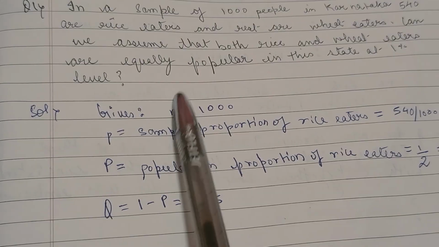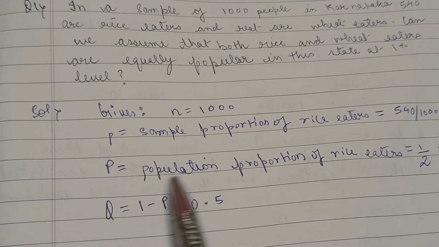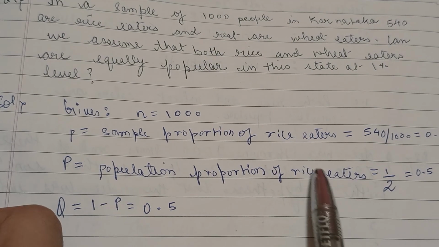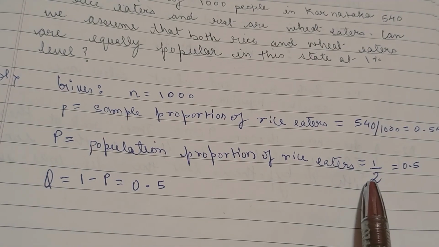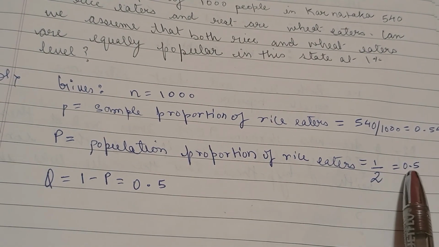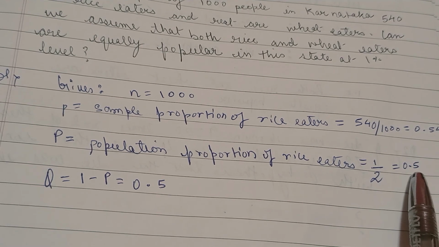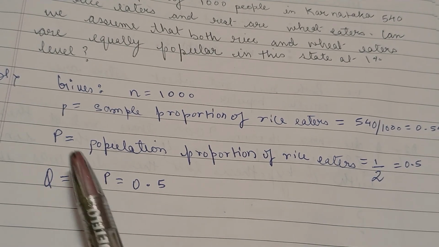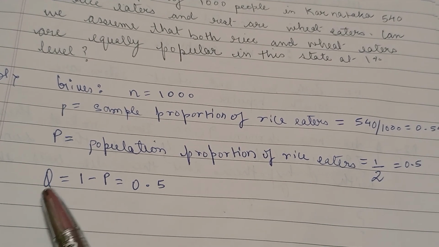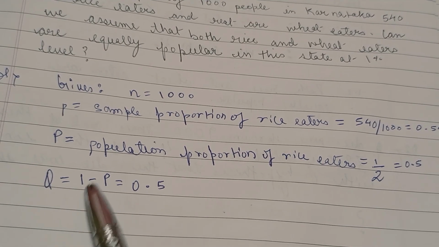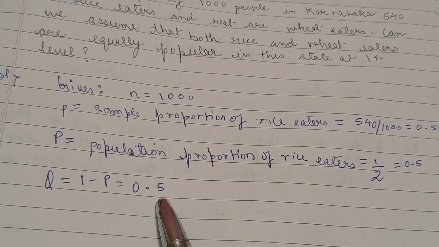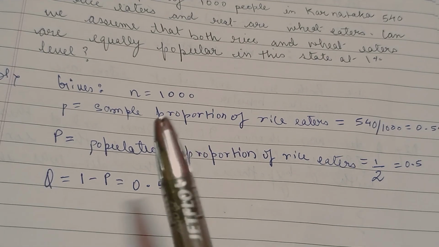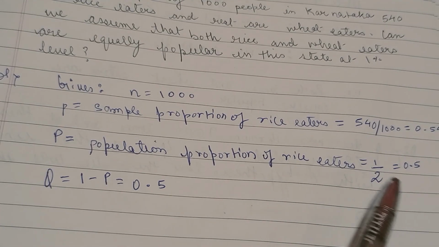Now the second thing is population proportion. The population proportion of rice eaters is 1 by 2, that is 0.5. This is capital P. Now what is capital Q? That is 1 minus capital P, that is 0.5. Why did we write 1 by 2?